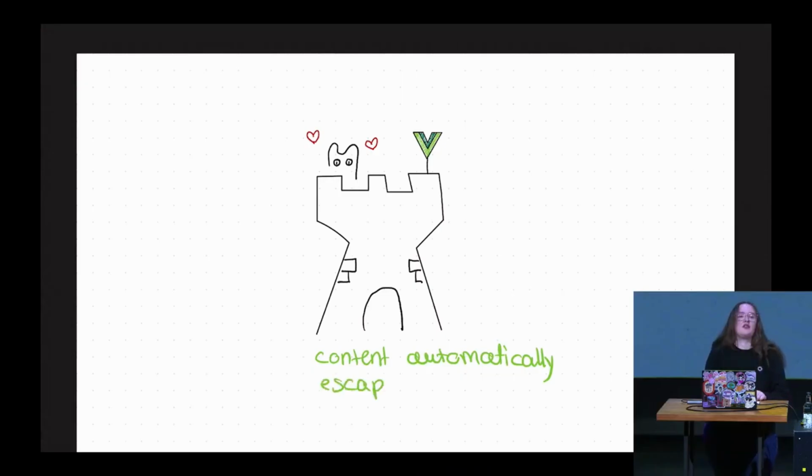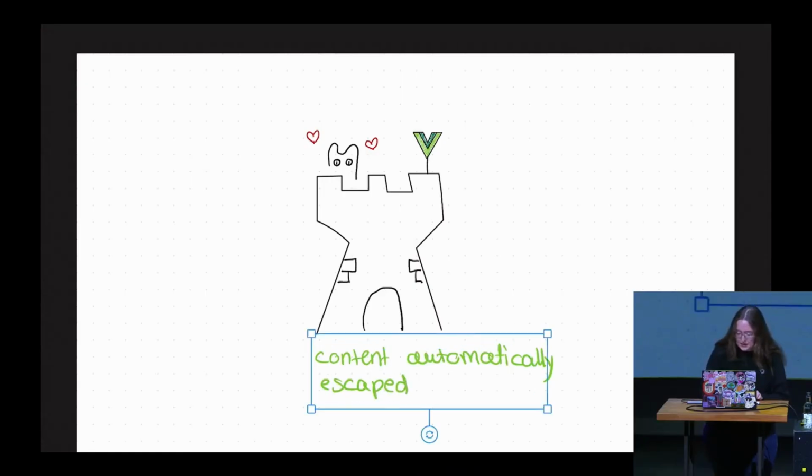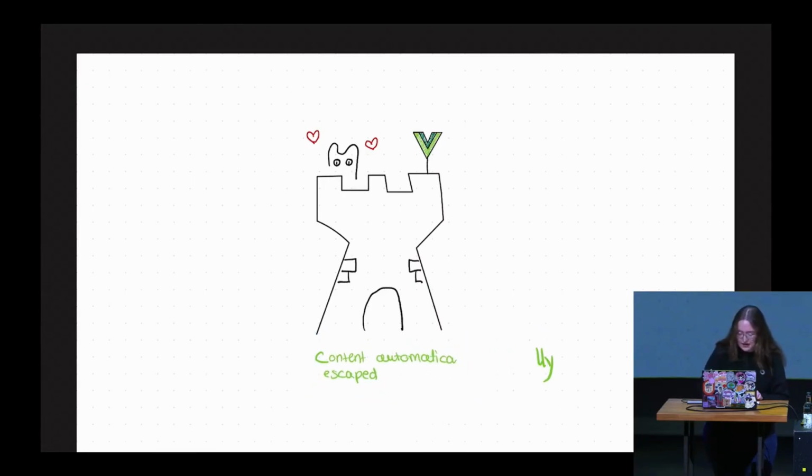We will get to cross-site scripting a little later as well in injection, so I will be pretty short right now. So everywhere where you see the curly braces, you know there's escaping in place, but it's also with the render functions.